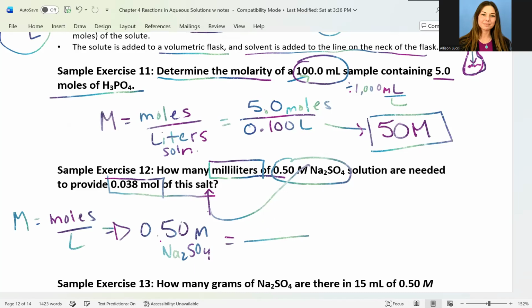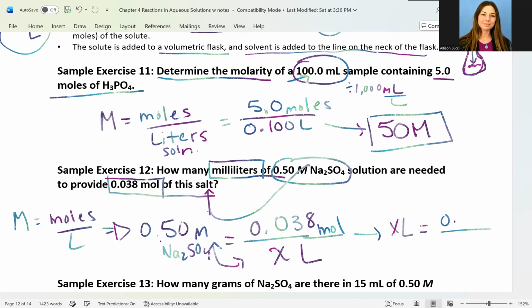We have our moles as well, right? So we have 0.038 moles, and we need to solve for our volume in liters. So after we plug in everything that we're given, if we switch these terms, I'm going to multiply my equation by x liters on both sides. That's what I'm going to solve for.